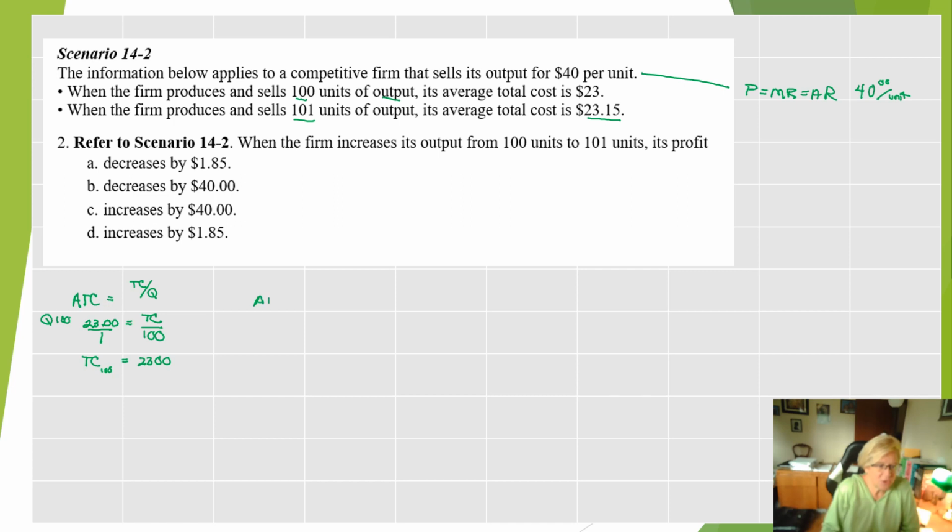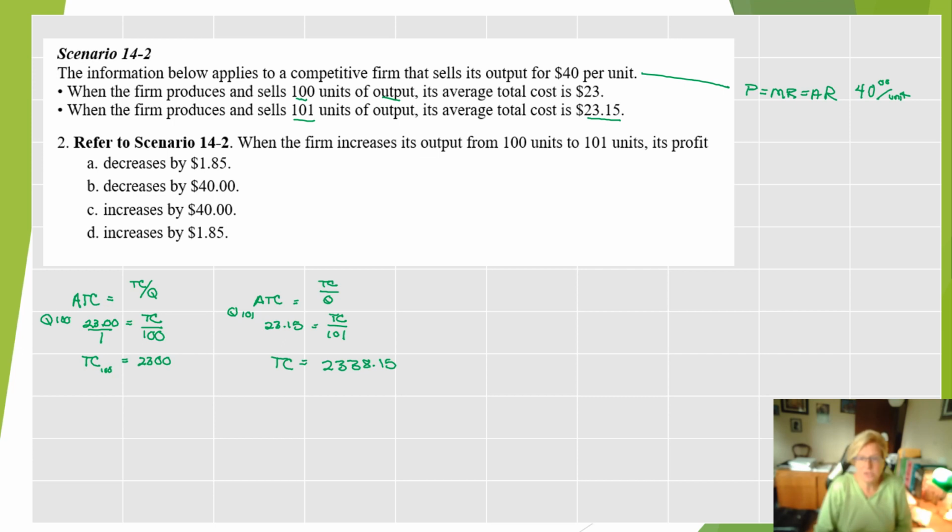So average total cost, again, is total cost divided by quantity, and this is at 101 units. Average total cost is $23.15 equals total cost over 101. I'm going to cross multiply. When I do, I get the total cost is equal to $2,338.15.